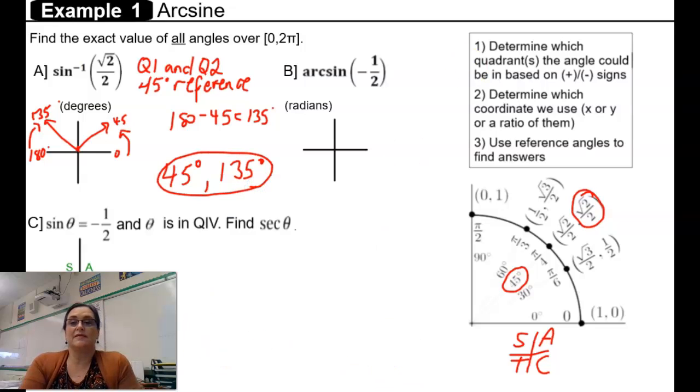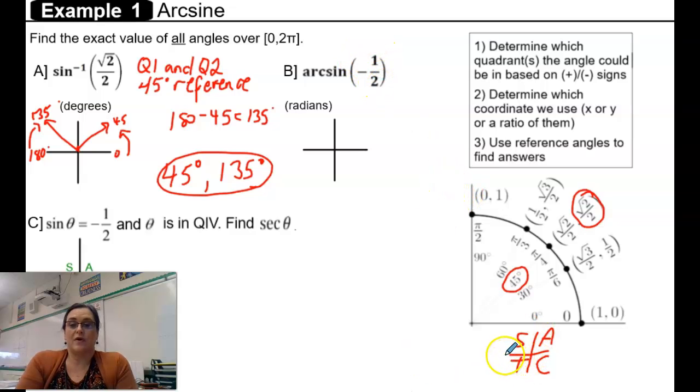Okay, example B is radians this time, and we're evaluating the arcsine of -1/2. This is just a different notation for the inverse notation. Both of these are asking for the same function, the arcsine, and that is asking what angles on the circle have a y-coordinate of -1/2.